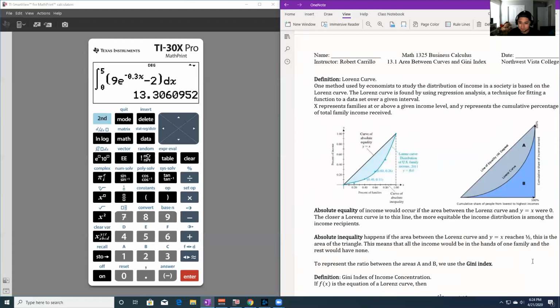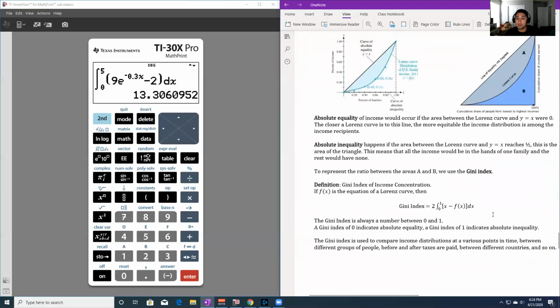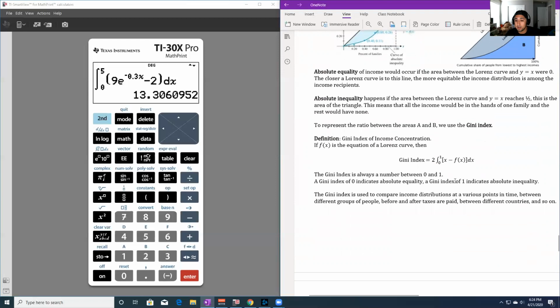To find the Gini Index of income concentration, we use this formula right here: 2 times the integral from 0 to 1 of x minus f of x dx. The Gini index is always a number between 0 and 1, and a Gini index of 0 indicates absolute equality. This means that we're touching the line y equals x, and a Gini index of 1 indicates absolute inequality. This means that somebody's making all the money and we're not getting any.